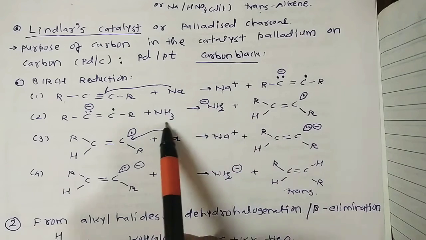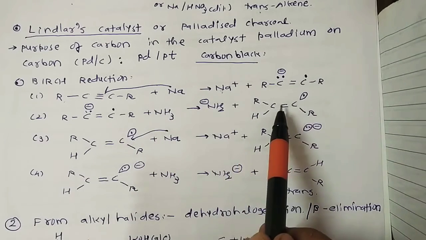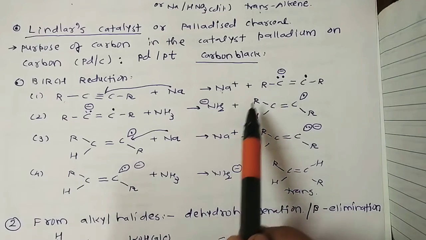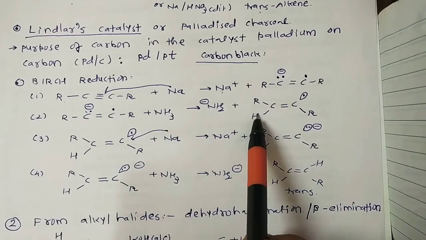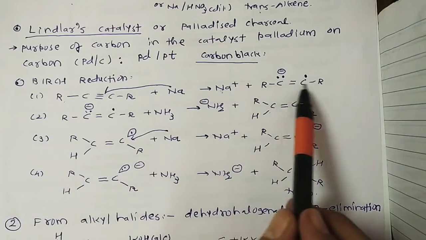Now it further reacts with ammonia, losing hydrogen as NH2 minus. This H+ attaches to the carbanion, and we get a certain structure.